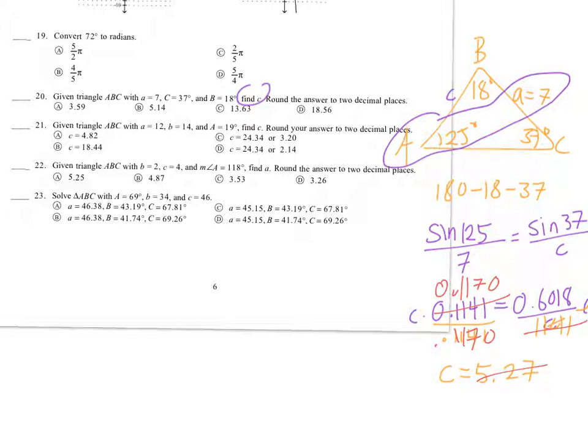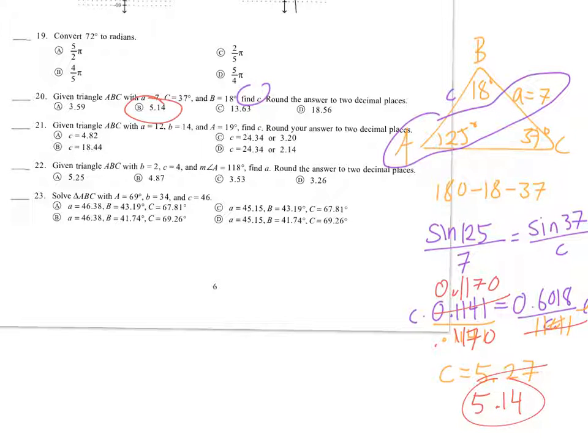And instead of 5.27, I bet you can predict we get one that's really close to that. We get 5.14. And look, that's the one that's really close to that answer.